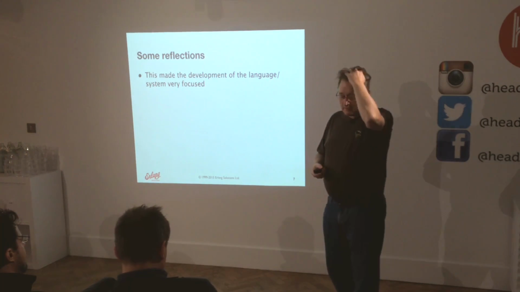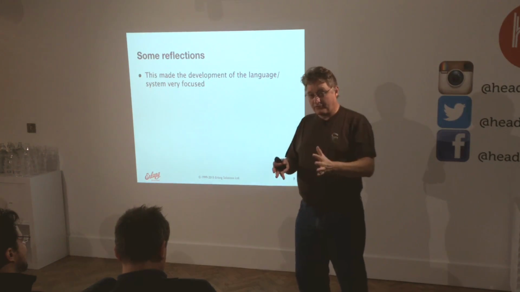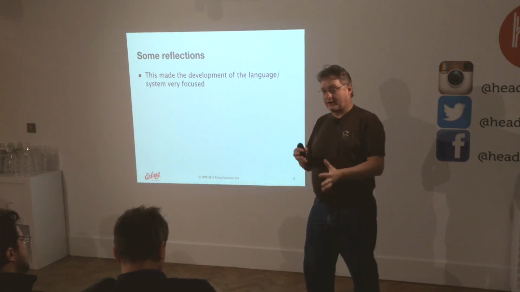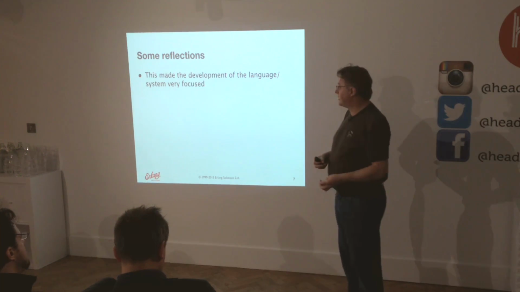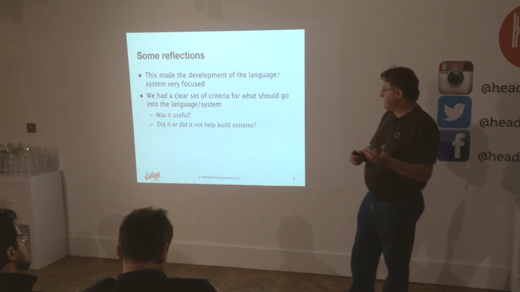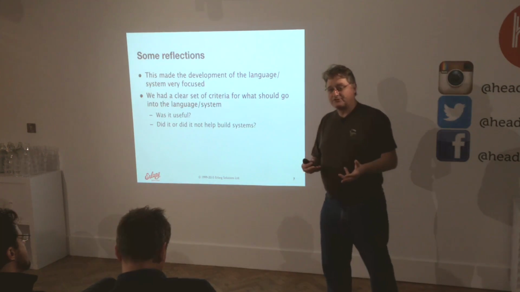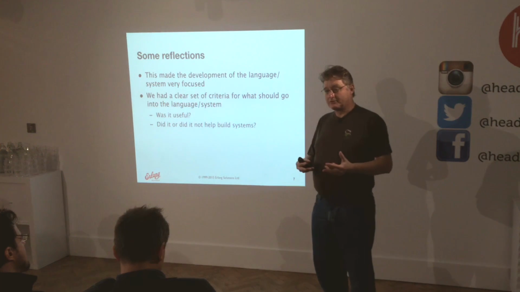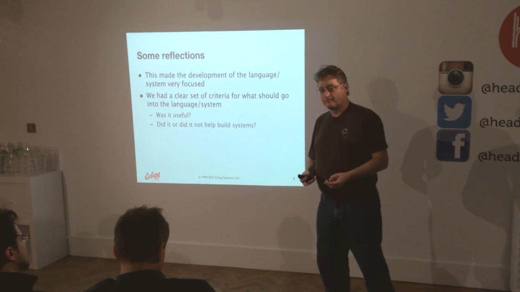So we were trying to implement the systems, and to do this, we found we needed a better language. So the language and the system evolved at the same time, right? That meant we had a clear set of criteria for what should go into the language and what the system had to be able to do.